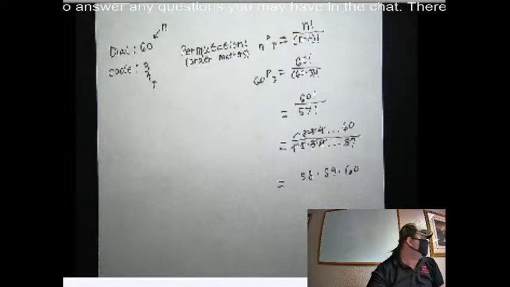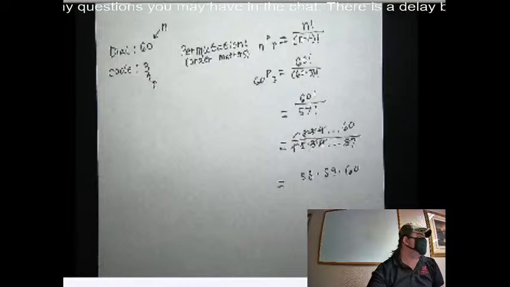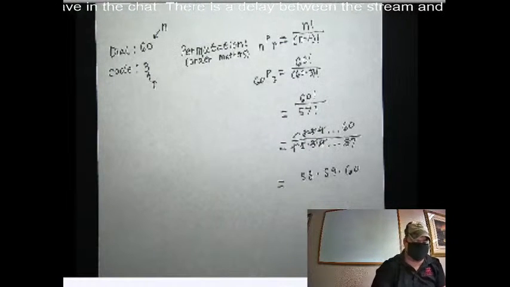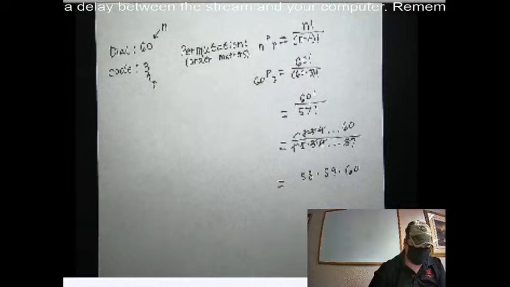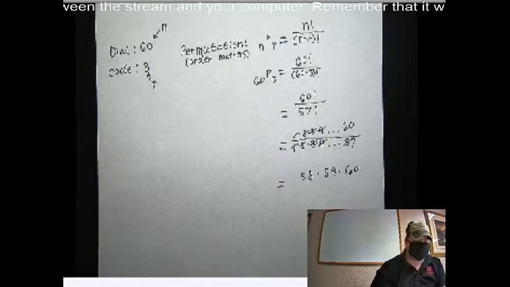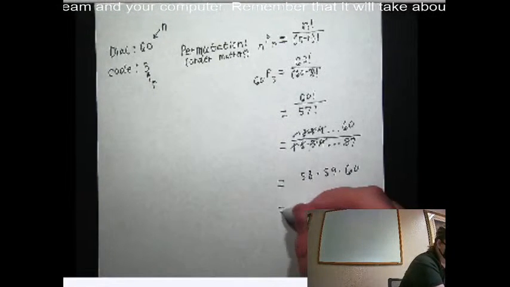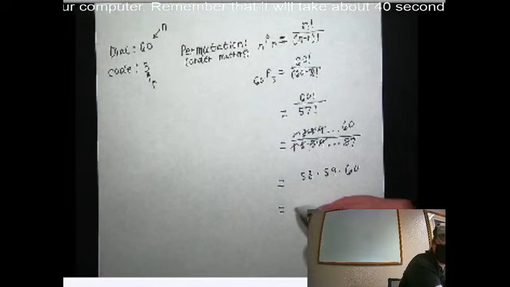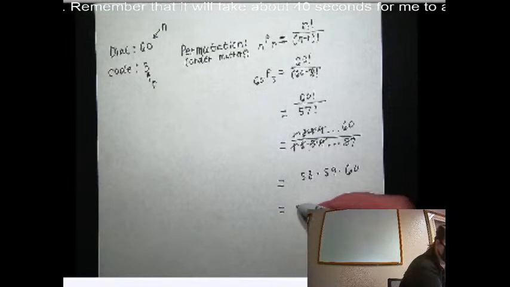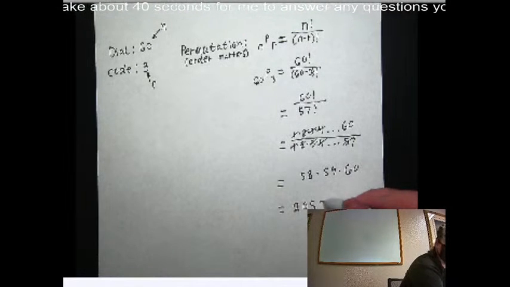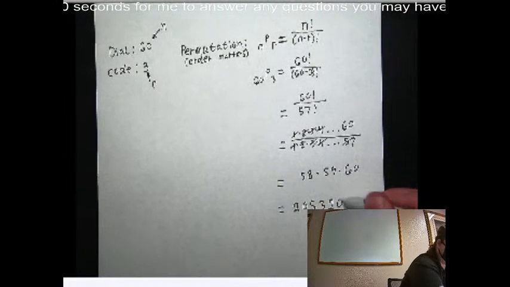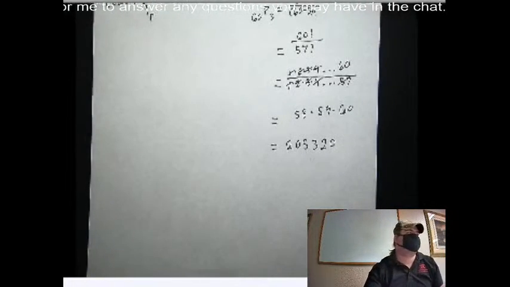Does that make sense? How I'm doing this? Yeah? Any questions? All right, so let's go ahead and see what this is. 58 times 59 times 60. For your high school locker, there were 205,320 different codes.